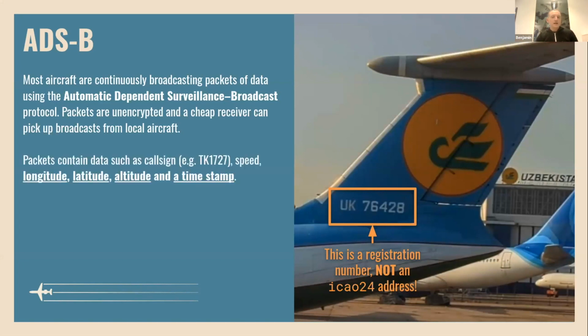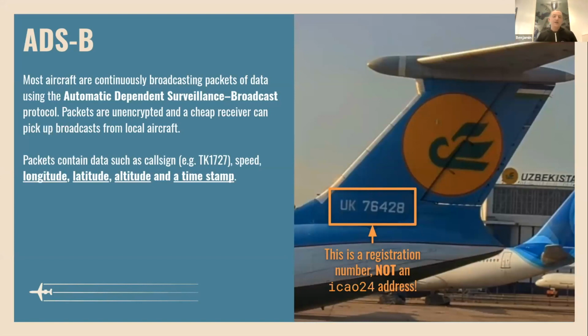And what is inside these packets? Well, if you get them and you decode them, you get information such as the call sign. In the example I gave at the very beginning, we have that TK1727. You have information on the speed of the aircraft. You have information on the longitude, latitude, altitude, and of course a timestamp at which that packet was generated.